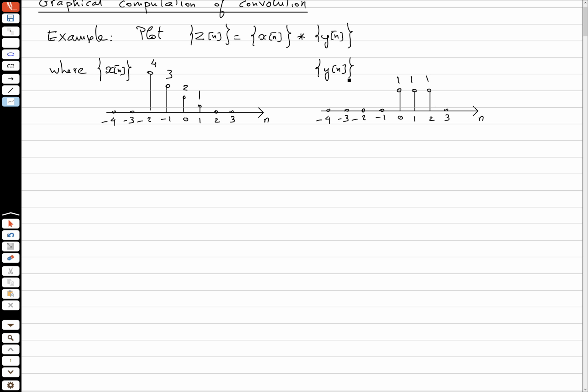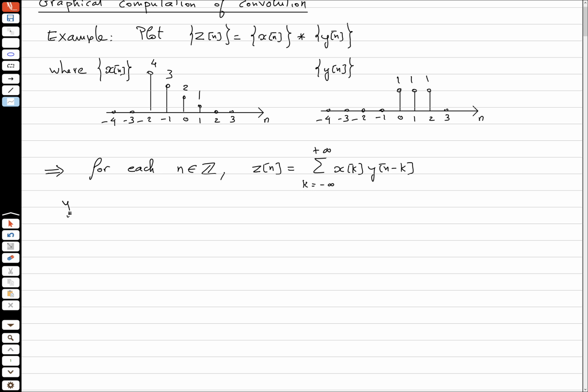All right. So we know that for each n, z of n is sum of x of k, y of n minus k. But it will be convenient to use the time reversal of y.